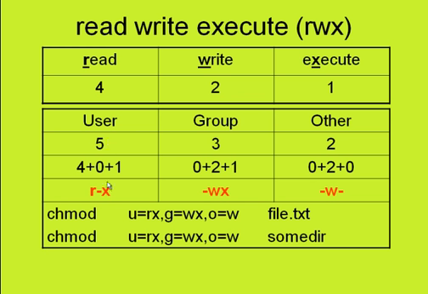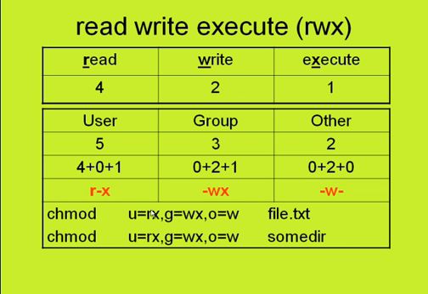So 5 is equivalent to read and execute permission. For group, the octal value of 3 can be derived from 2 plus 1. So write is set and execute is set. So it's -wx for group permission. For others, it's a value of 2, which is write. So you get -w-.